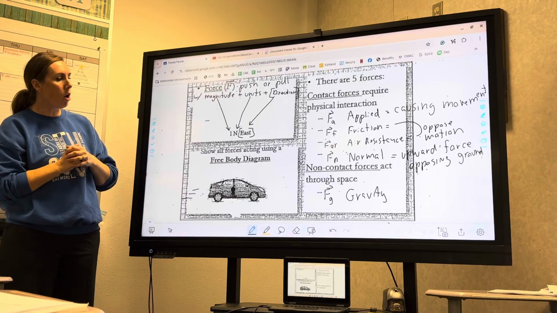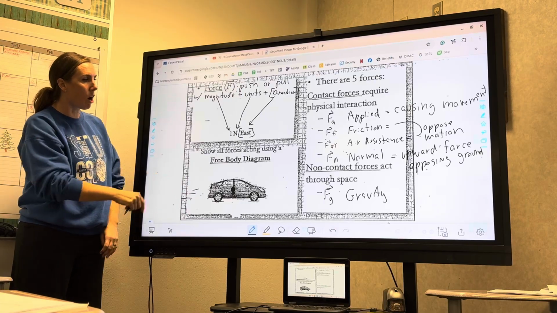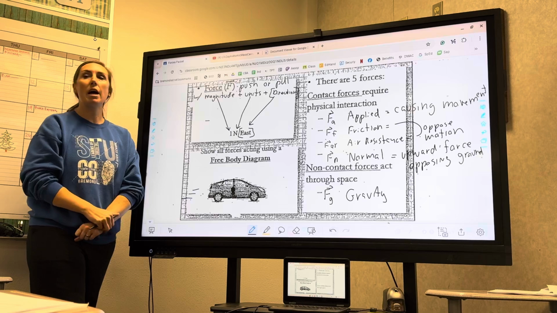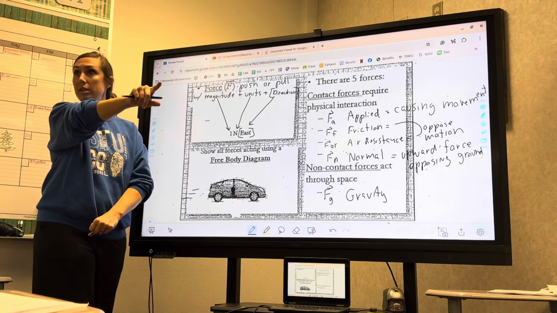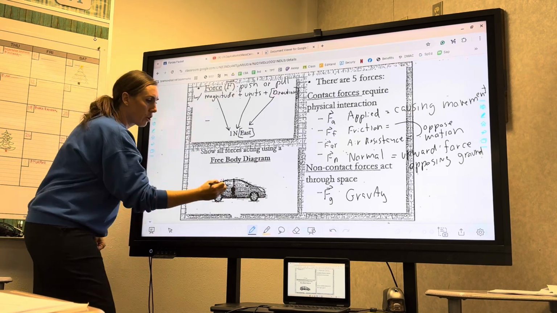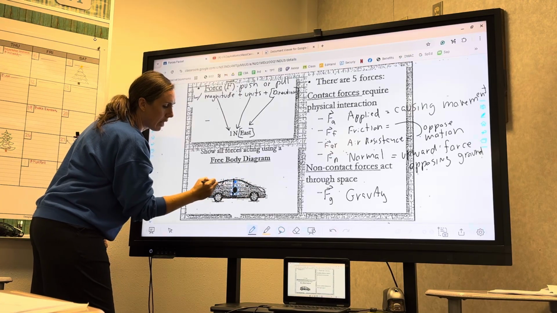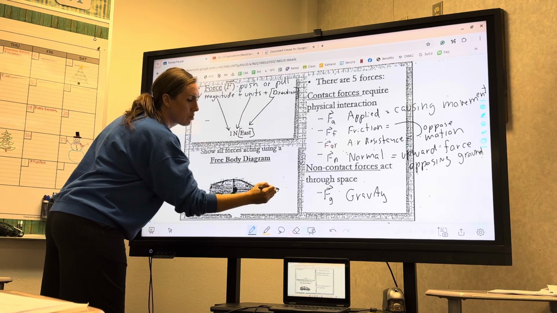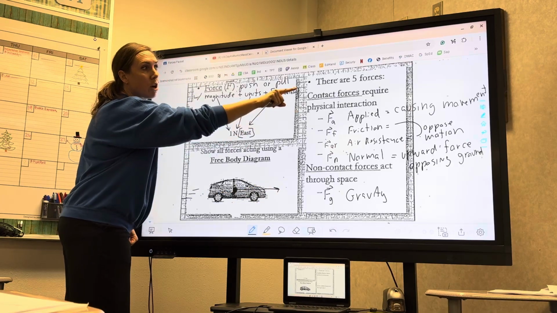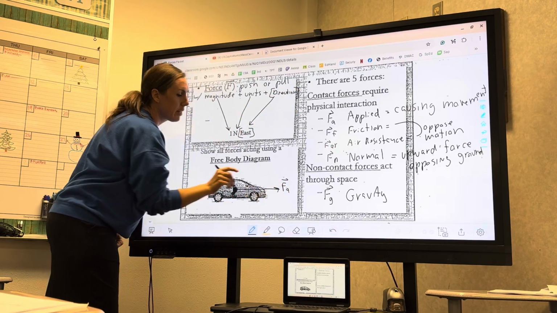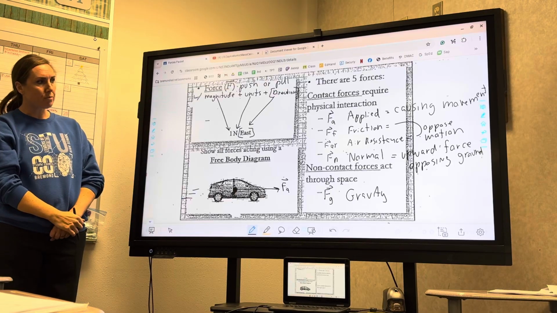So let's put all of the forces on this car that's going eastward. Okay, first off, is there applied force if the car is driving eastward? Yeah, the car is being pulled, got it, eastward. So our driving force causing motion is in the eastward direction.